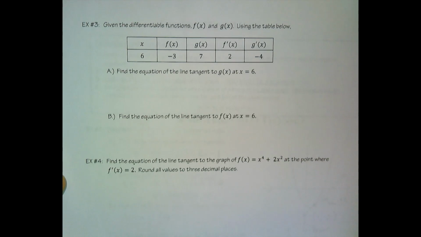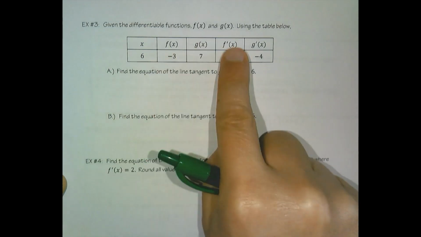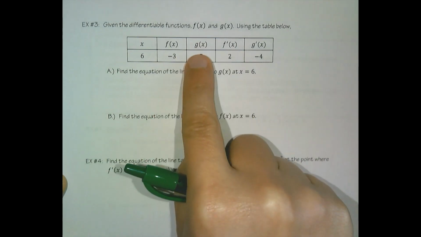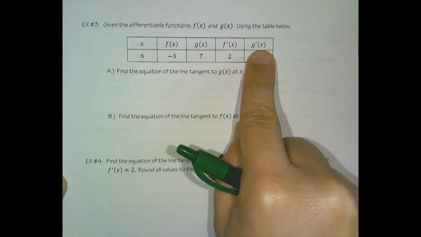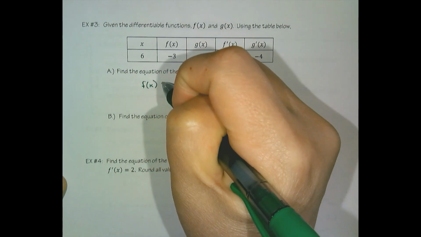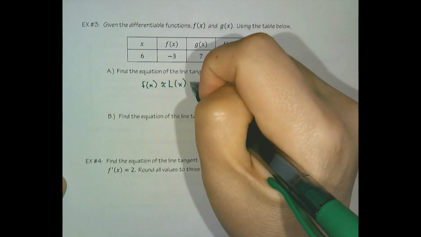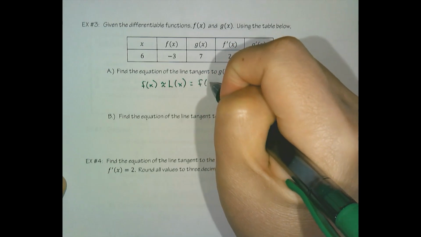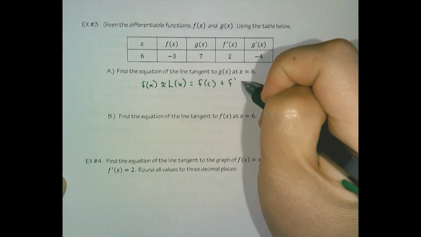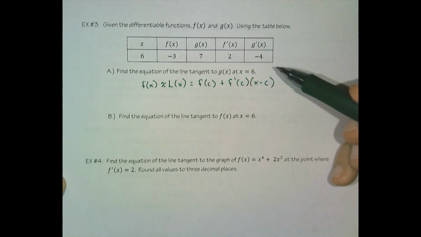In example 3, we are not given an equation. However, we are given information about the function f and f prime, as well as g and g prime. So writing the tangent line equation should be possible. So just to always keep the general formula on every page that we work on, I'm going to write the general formula from which we'll build our equation.